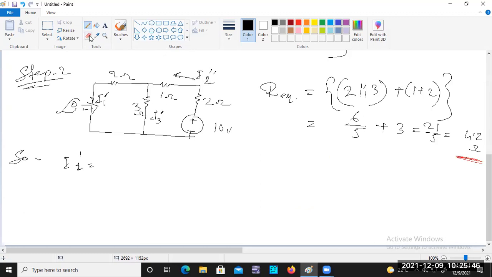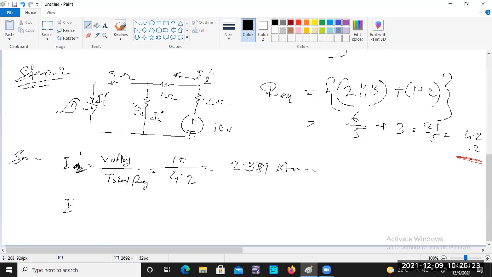All are in dashed form so that we can distinguish them. I1 dashed is voltage by total resistance, equal to 10 volt by 4.2. It comes to 2.381 amperes.